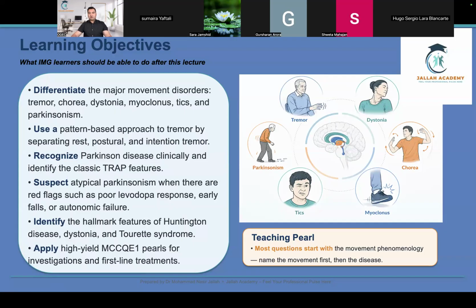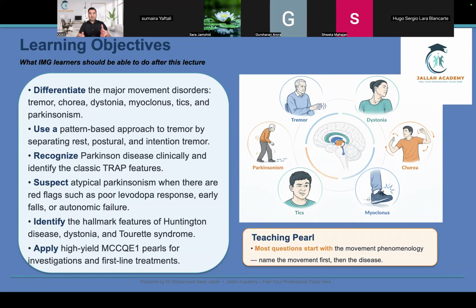So we should be able to differentiate them and use a pattern-based approach for every single one of them, especially the tremor, recognize Parkinson's disease clinically, identify the classic trap features, and suspect atypical Parkinsonism, which I don't want to insist more on, because they're not going to ask you anything that's more atypical or rarely happening.